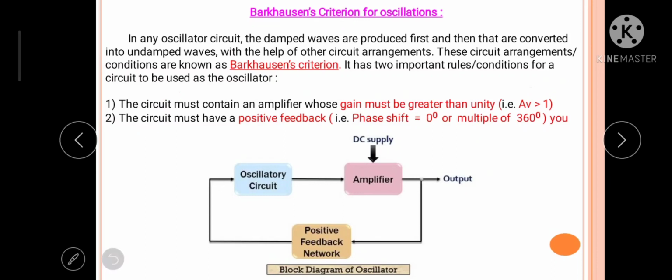Now try to concentrate on this figure. In this figure, the LC tank circuit is given by this block. Its oscillations are given to this amplifier. Then the amplifier amplifies the signal and gives the output as per the specified value. Then some part of this output is connected to this feedback circuit, particularly the positive feedback circuit, and this positive feedback circuit gives output to the oscillator circuit, so that the input signal and this feedback signal are in the same phase.